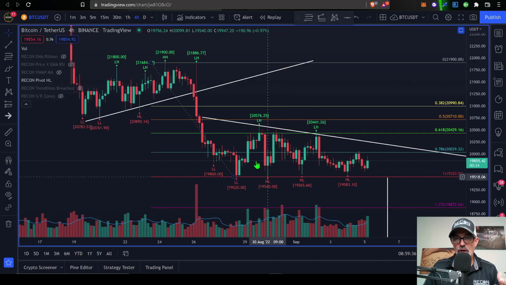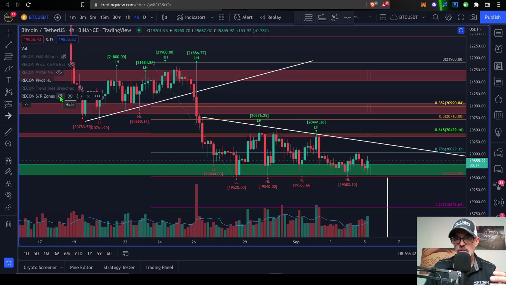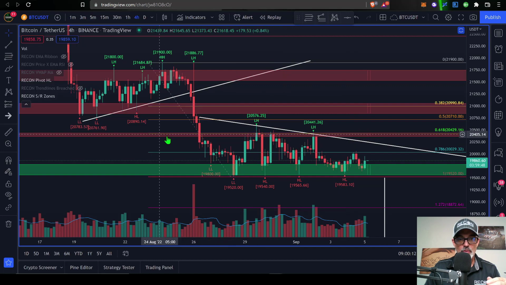Now, speaking of support or resistance levels, if I drop in my support and resistance indicator on the chart, you can see a pretty big green zone of support down here around the 19.5 to around the 19.8 level. However, there is a zone of resistance right here, and that actually happens to be right around the 0.618 level, or 20,500.